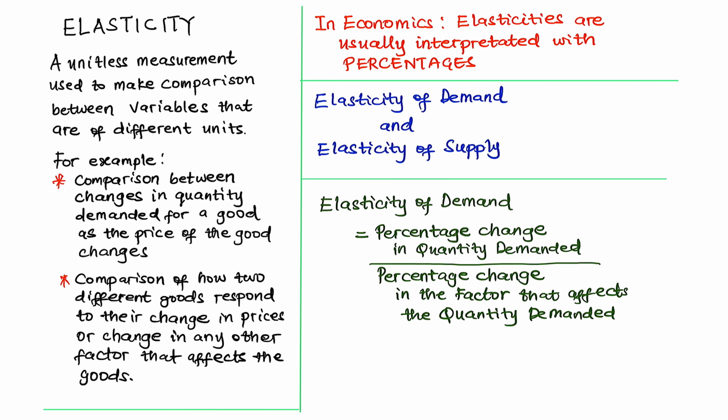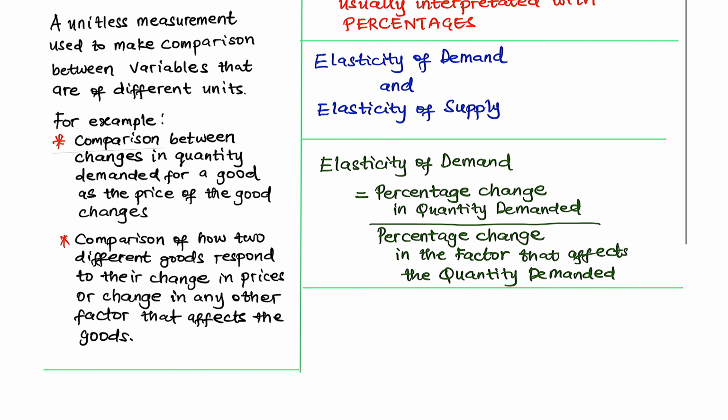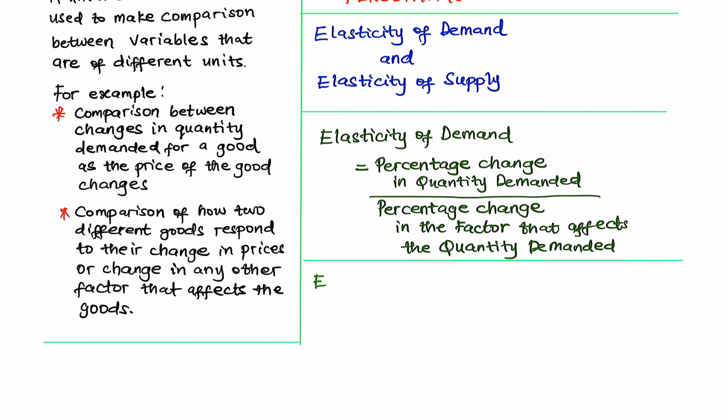In an abbreviated form, this formula can be written as elasticity of demand equals percentage change in quantity demand divided by percentage change in the factor.